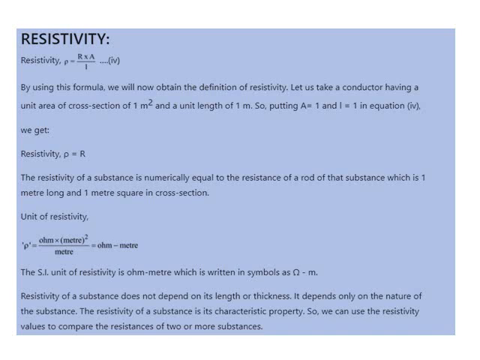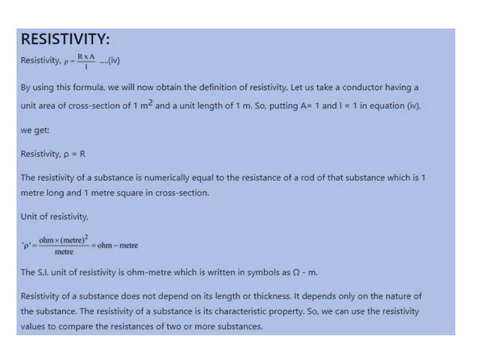So based on these two conditions only, rho will be equal to R. So let us see the definition. The resistivity of a substance is numerically equal to the resistance of a rod of that substance, which is 1 meter long and 1 meter square in cross section.